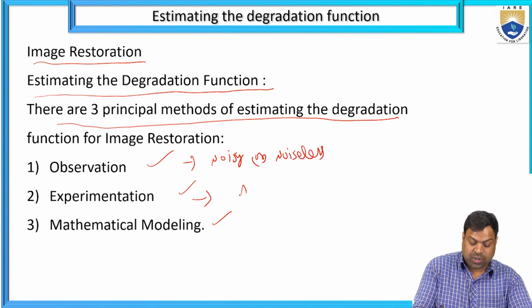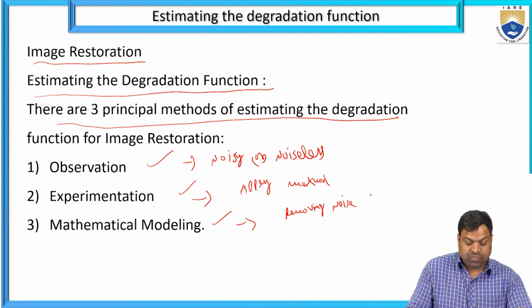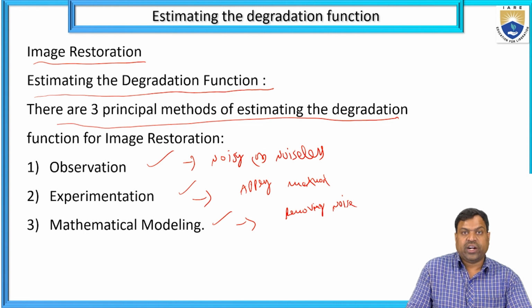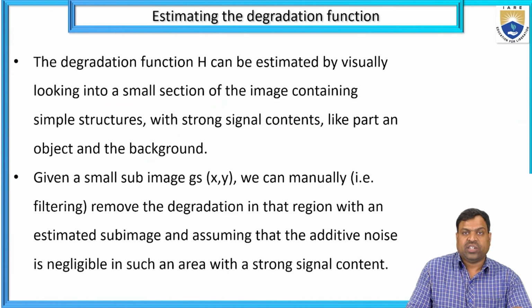Experimentation means apply a method. Mathematical modeling means removing noise. So observation, experimentation, and mathematical modeling are the three types of estimating the degradation function.